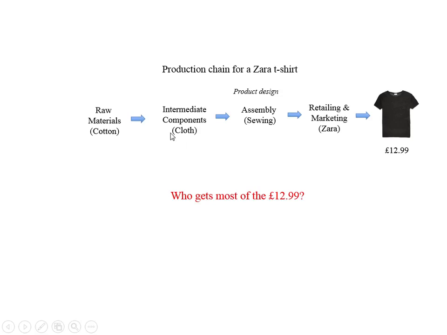Raise of hand for the intermediate components, for the assembly, retailing and marketing. The knowledge-intensive sector gets a higher share of the 12 pounds. It's more profitable. I don't want to say the word profitable, let's say more income generating, okay? Out of the 12 pounds of income, this sector gets most of it.